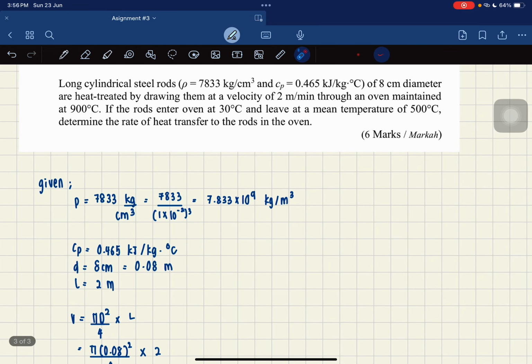We have been given the density, 7,833 kilogram per cubic meter, but we have to make the units consistent: either keep it in cm cubed and change the other quantities to cm too, like the velocity, or change to meter cubed.